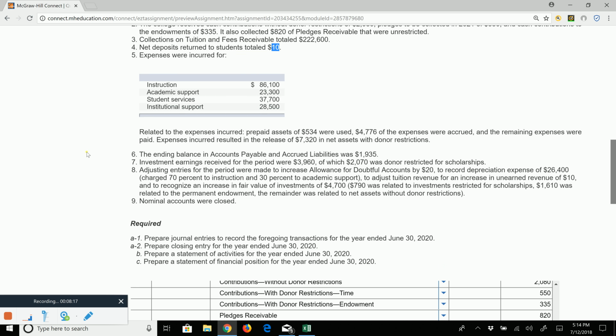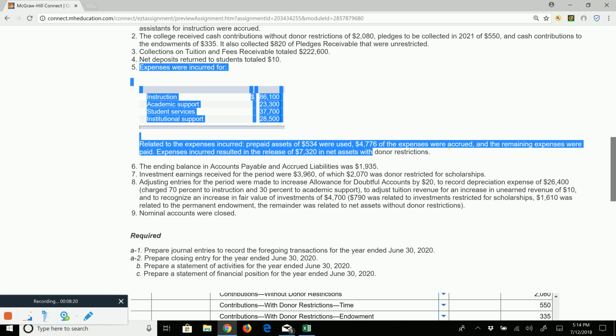All right, number 5, we just have various expenses, and we can see the breakup here between instruction, academic support, student services, as well as institutional support. And right underneath it, it says related to the expenses. So we'll debit those expense accounts, and it says prepaid assets of 534 were used. So we're going to reduce our prepaid expense with a credit. 4,776 of these expenses were accrued, so we will credit accrued liabilities for that.